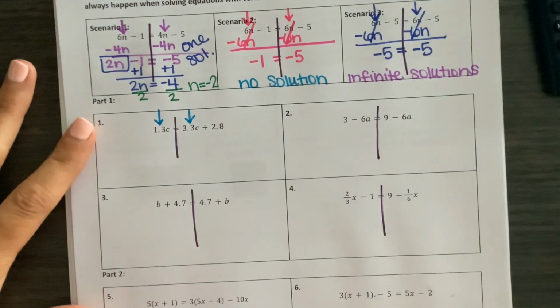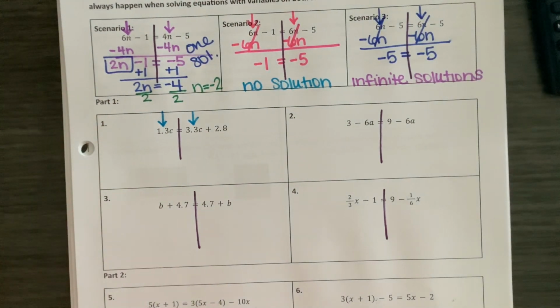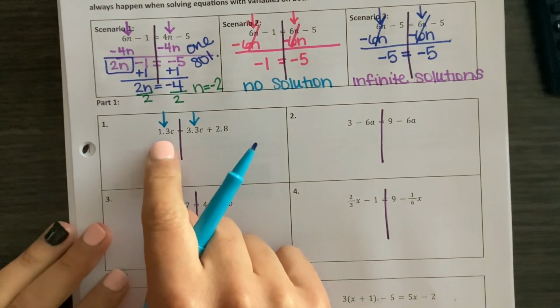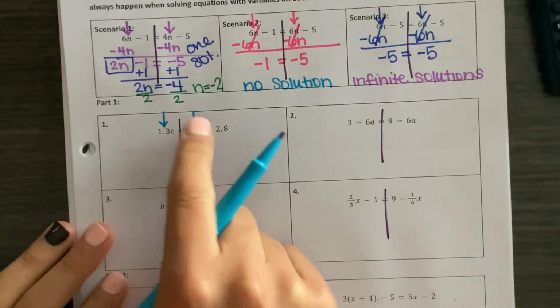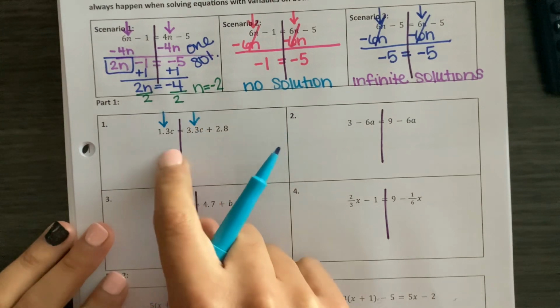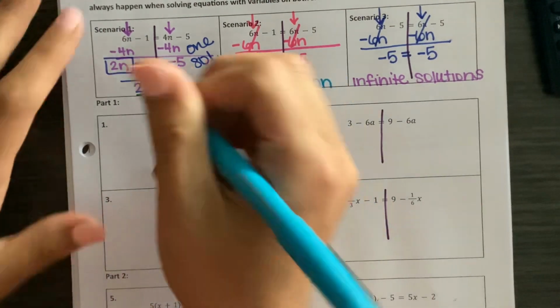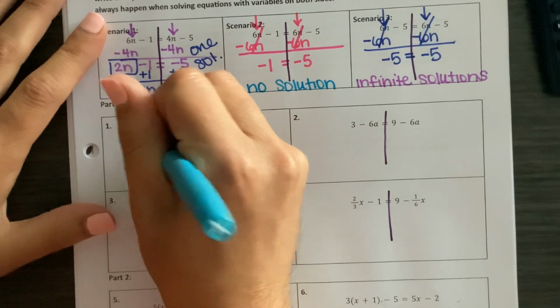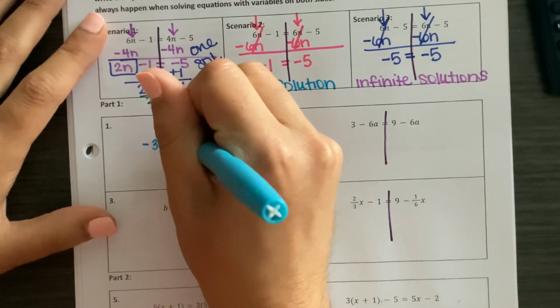Here's my variables. So here's the thing. Again, this is where sometimes the rule of move the smaller one isn't always ideal. Because my 1.3c is already by itself, I want to move my 3.3c to the other side. Since it's a positive, I'm going to subtract 3.3c from each side.